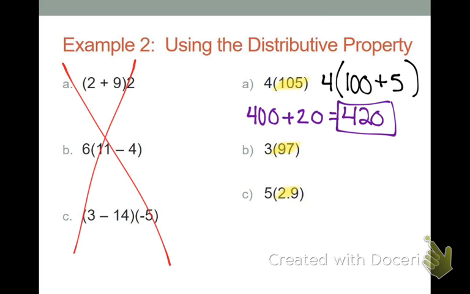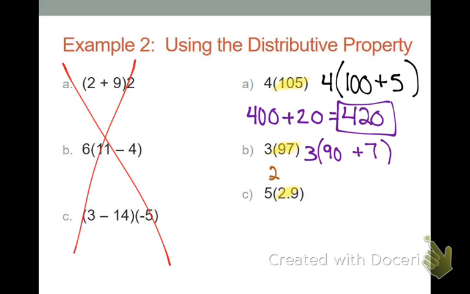All right, so now I want you to try to break down 3 times 97. Okay, so what two numbers would you add together to equal 97, but that might be easier to multiply by each other? Just tell me, what did you come up with? 90 and 7, right? 90 and 7, because I could just do 3 times 9 is what? 27, and just add my 0 to it.